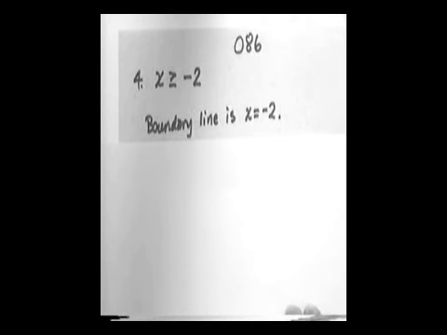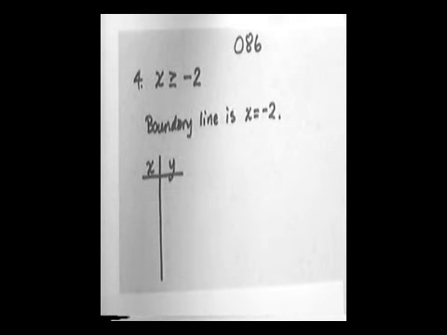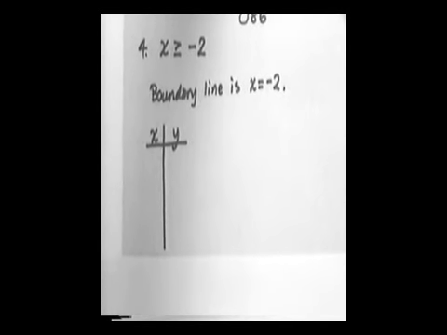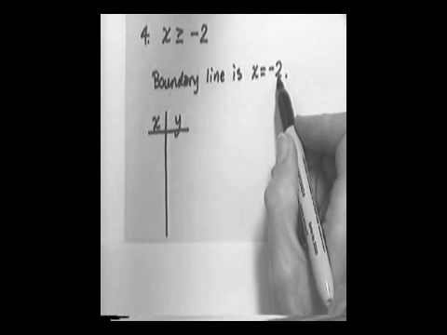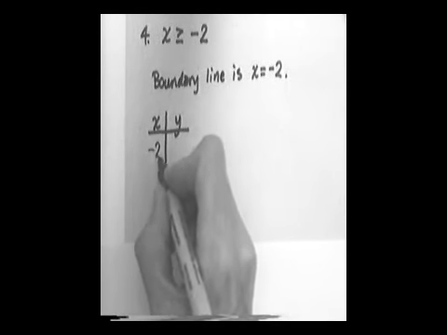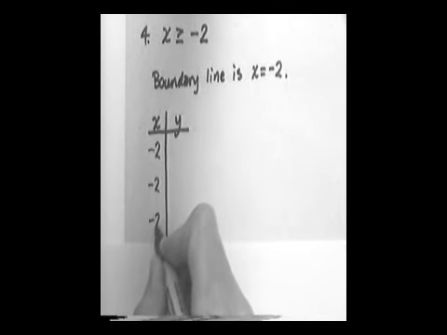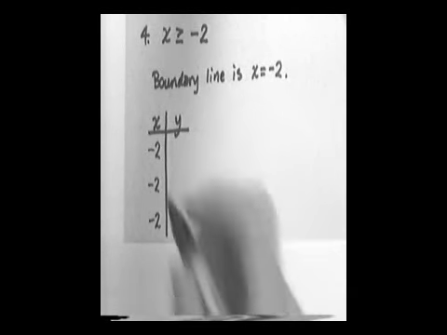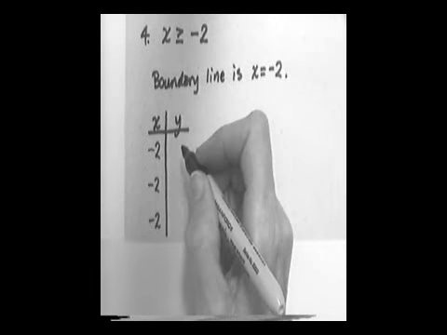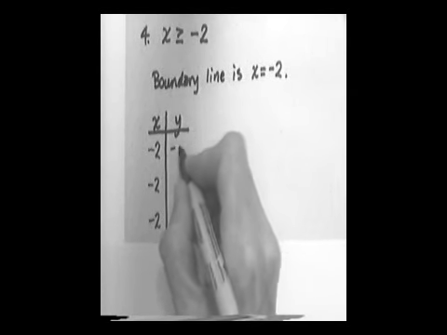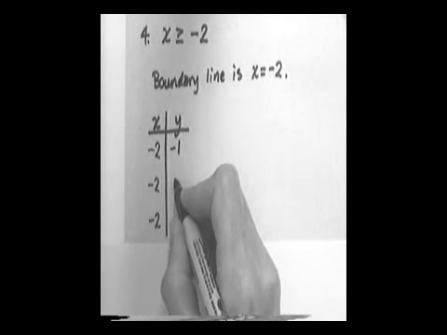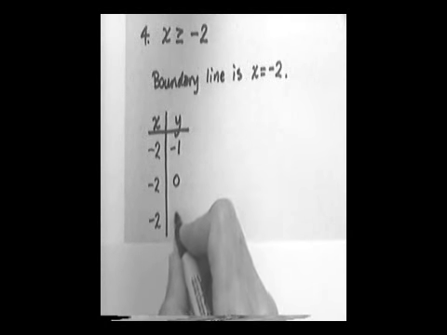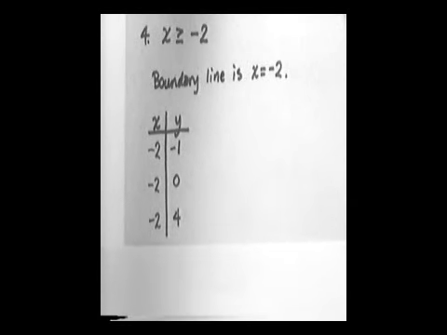For the graph of x equals -2, our table of values is very easy to obtain. The x is stuck at -2. The y is not mentioned, and so the y is free to be anything we please, like, for instance, -1 and 0 and 4, anything we please.